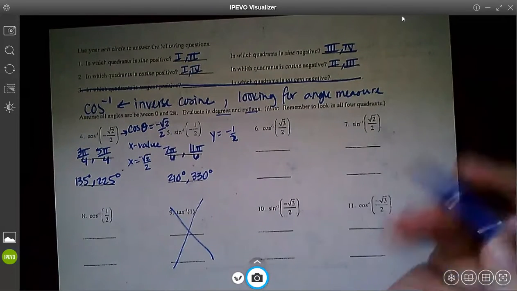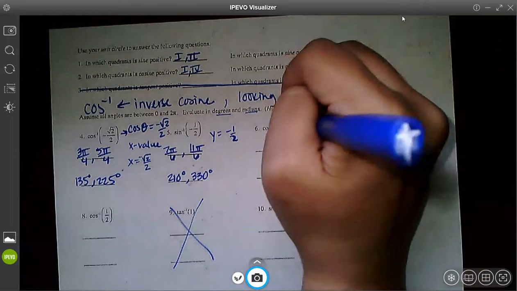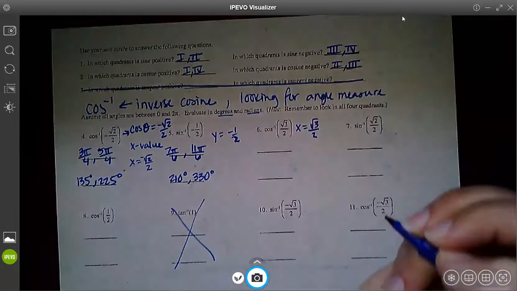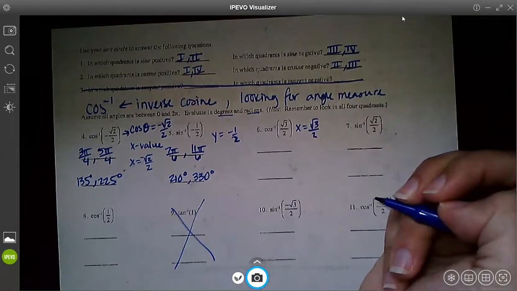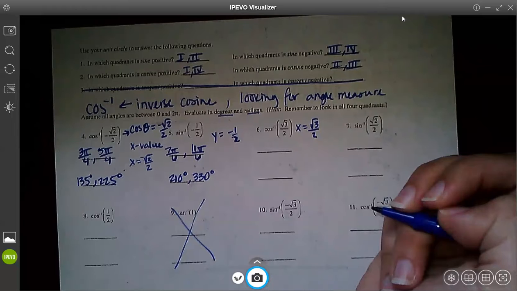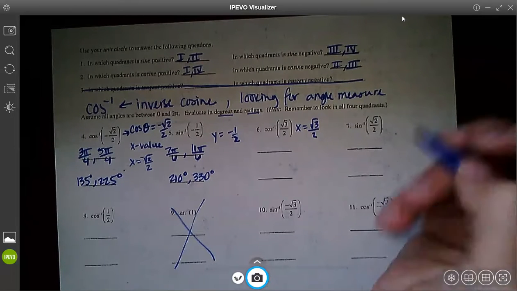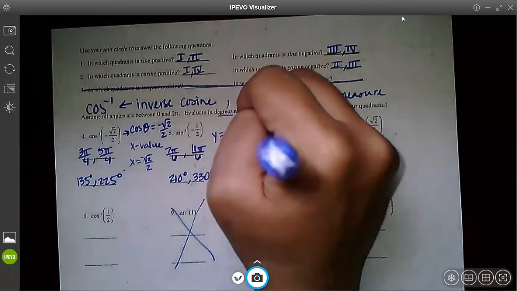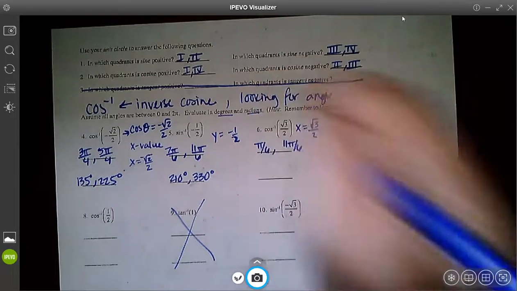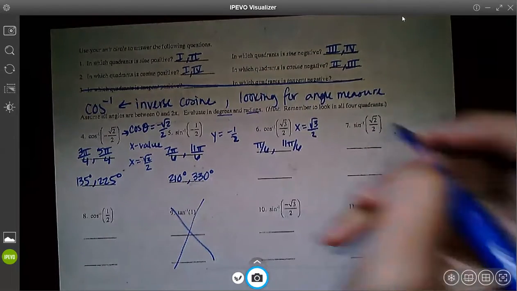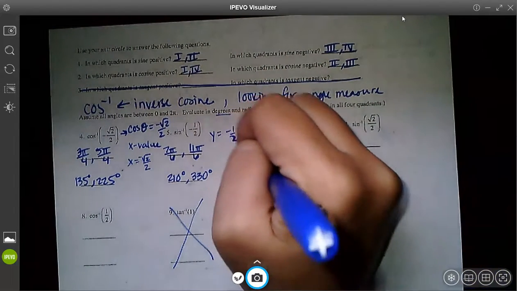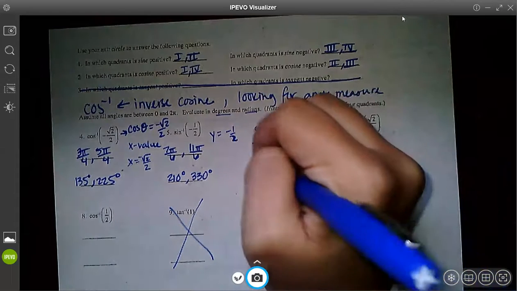Inverse cosine of root 3 over 2, that's where x equals root 3 over 2. X is positive in quadrants 1 and 4. X is root 3 over 2 at pi over 6 and at 11 pi over 6. And those angle measures are 30 degrees and 330 degrees.